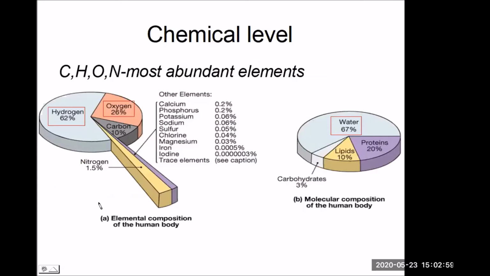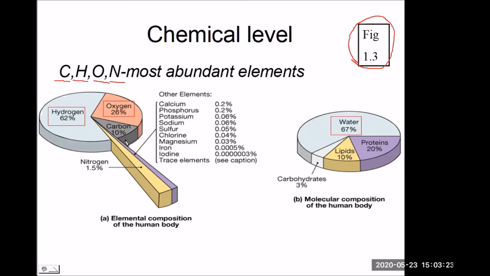So moving back to the smallest scale, and I just want to reference here, you can see the figures where they're coming from in the textbook. And if you have an older or newer edition, it might be off by a figure or two, but you have the figures here in the lecture. At the chemical level, we see the most common elements in the body: carbon, hydrogen, oxygen, and nitrogen.